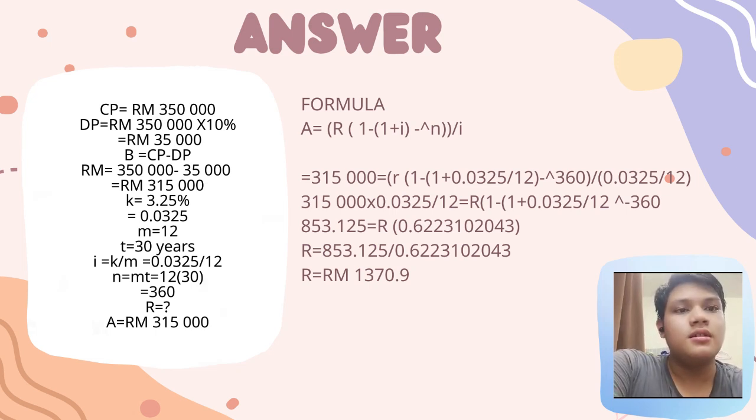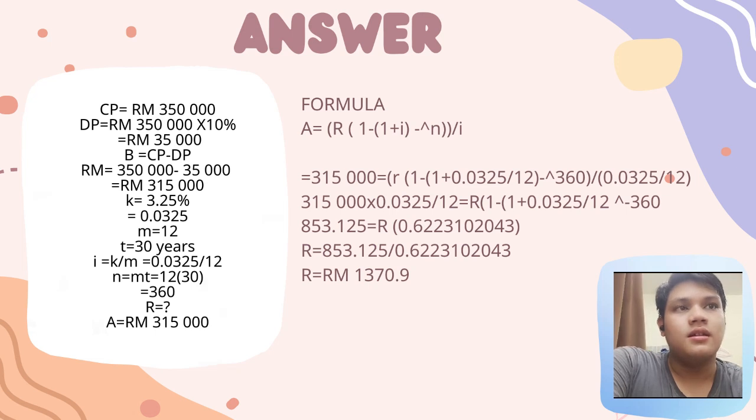For the formula, we should use A equals R bracket 1 minus bracket 1 plus I bracket negative N bracket per I. Then for A, 315,000 equals R bracket 1 minus bracket 1 plus 0.0325 per 12 bracket negative 360 bracket per 0.0325 per 12.